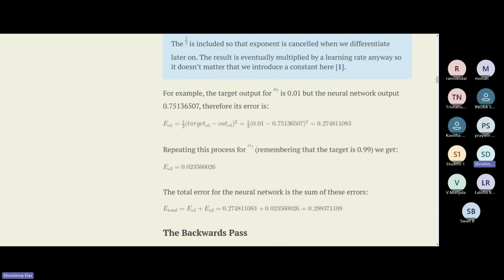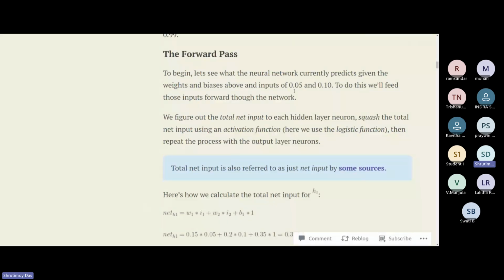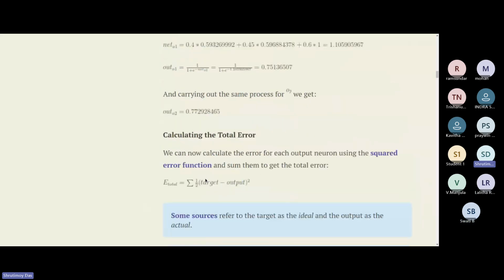Suppose it is an image of a monkey, the probability of monkey should be the highest. If it is not, your loss will depend on the difference between the probability that you get and the true probability, which is say 0, 0, 1, where monkey has the probability of 1. Then you do a cross entropy loss and you backpropagate it. Here they are not using cross entropy, they are just using this MSE, squared error type of loss.